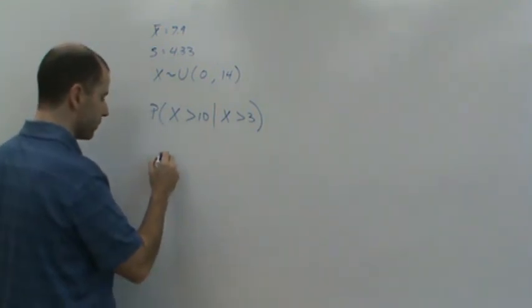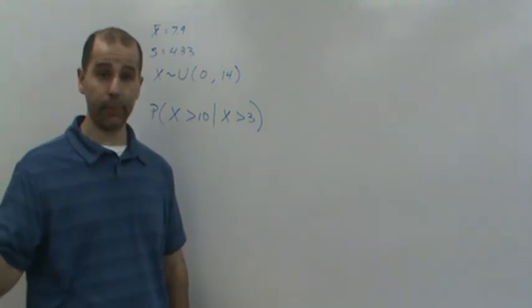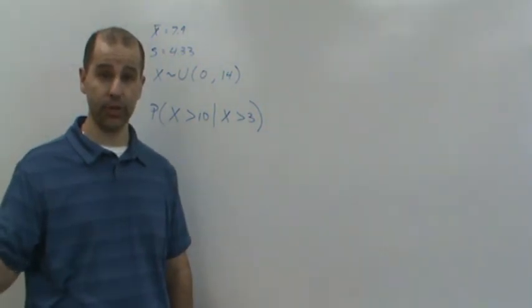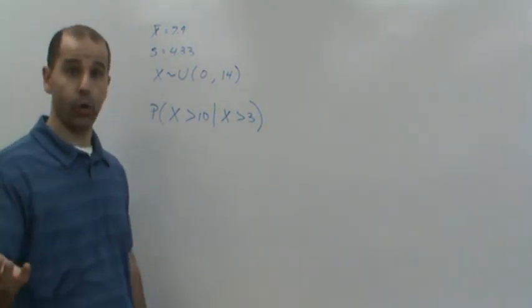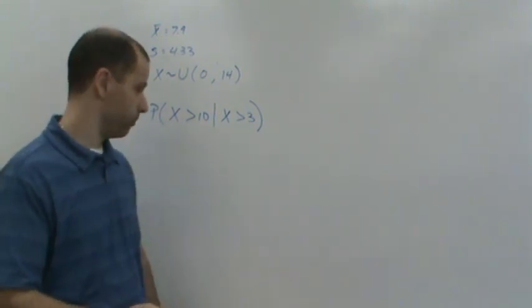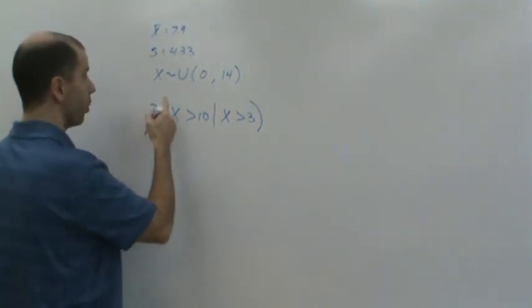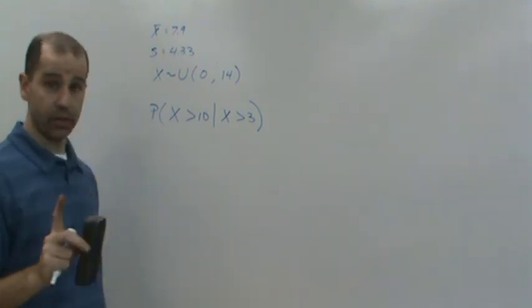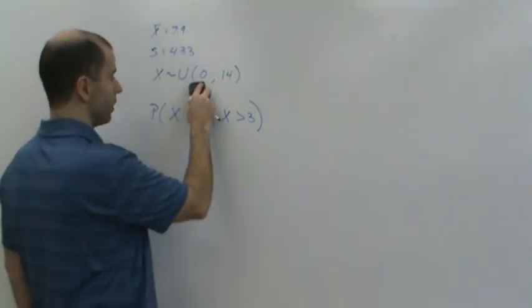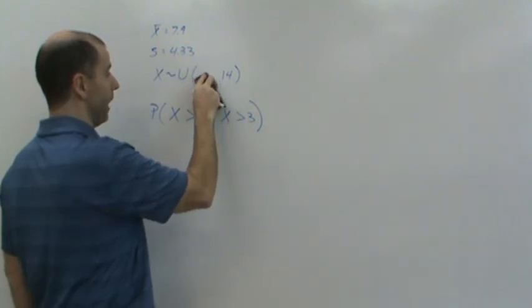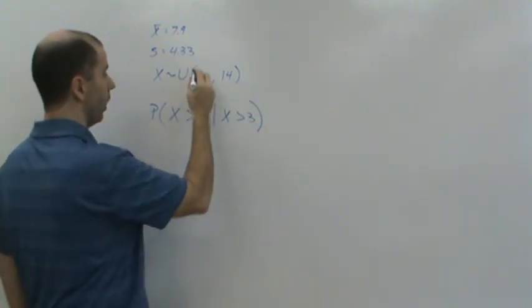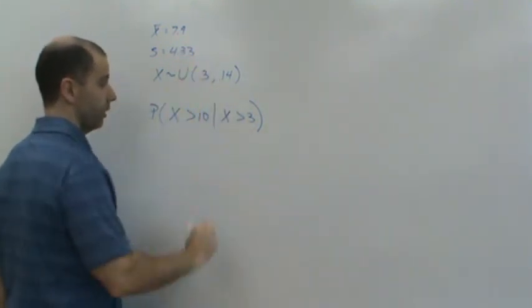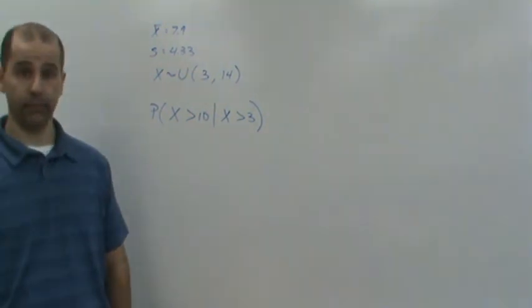So what happens? Do we care about what happened before, three passengers? No, because we know there's more than 3. Okay, so now what happens to our A and B? Well, now our uniform distribution changes. No longer are we interested from 0 to 14, but now we are going to change to 3 to 14.